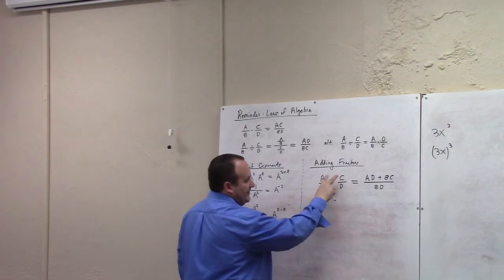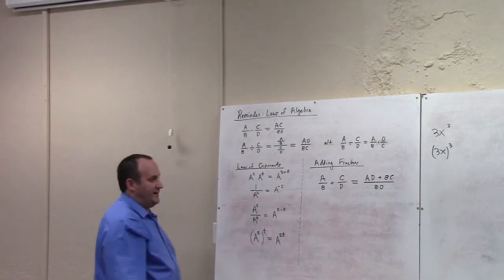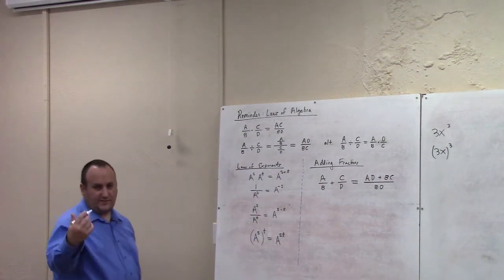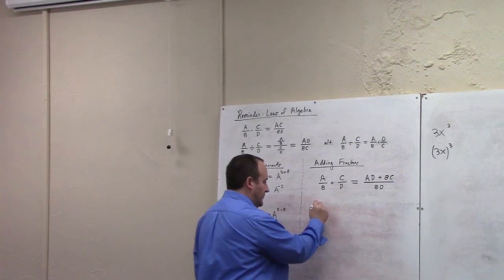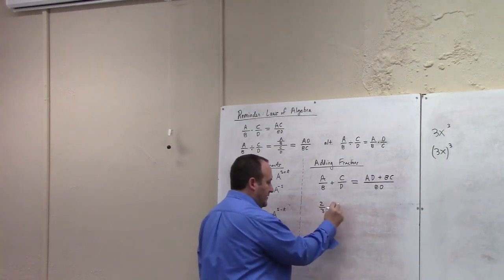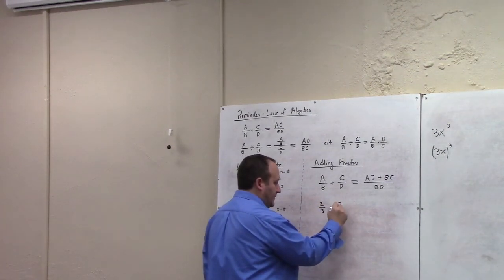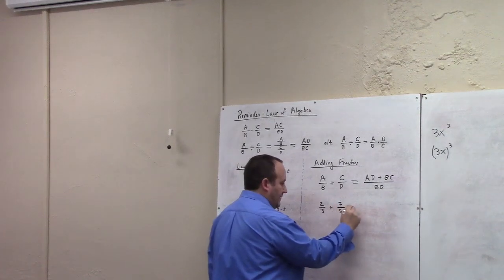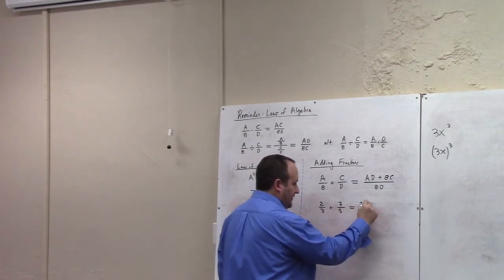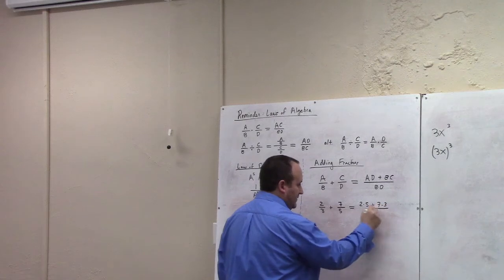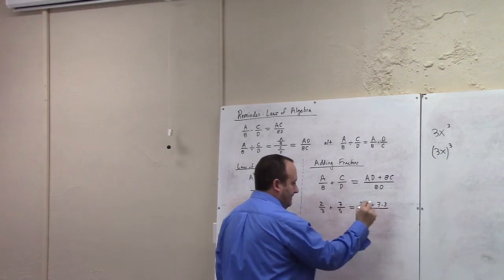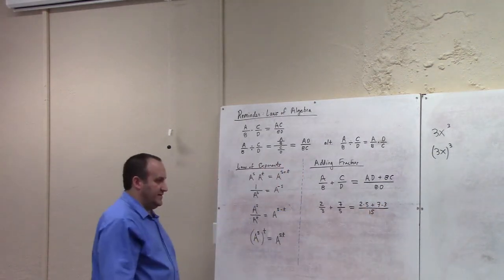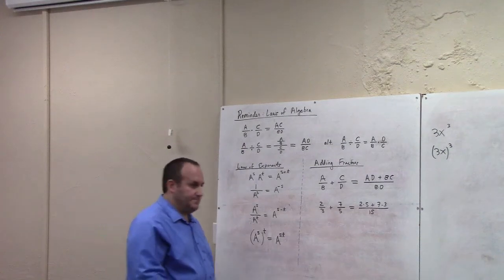And speaking of the numerators, that's a way of adding fractions, right? Here, to give you some numbers, if I take 2/3 plus 7/5, I can do 2 times 5 plus 7 times 3 over 15. Whatever that is, 10 plus 21, 31/15.